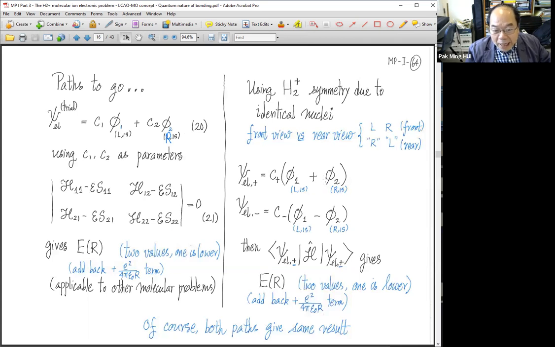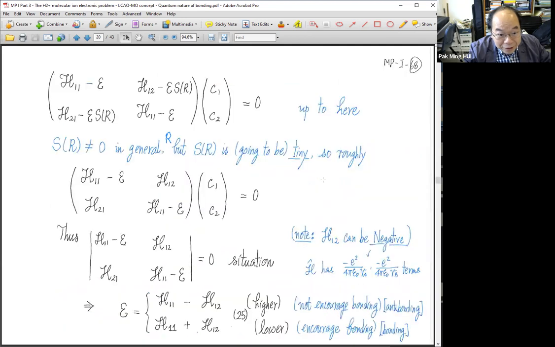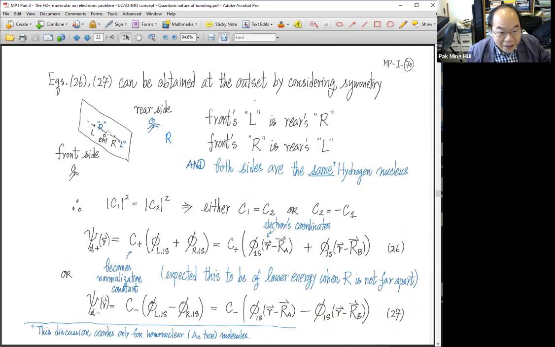The reason is that I have a picture here, okay? On the front side, I would say this is my left-hand side, but if you are standing on the rear side, you will say this is the right-hand side, right? But they are the same thing.